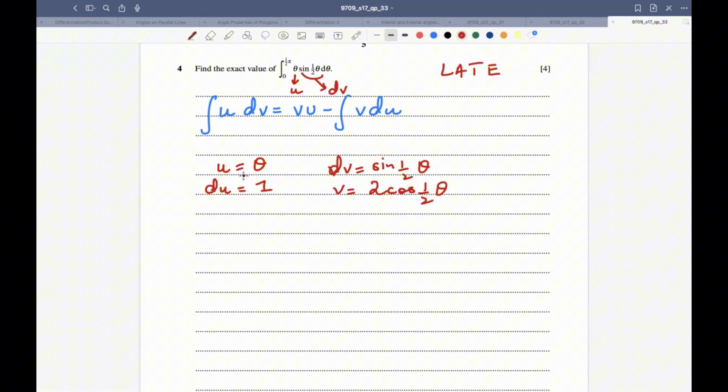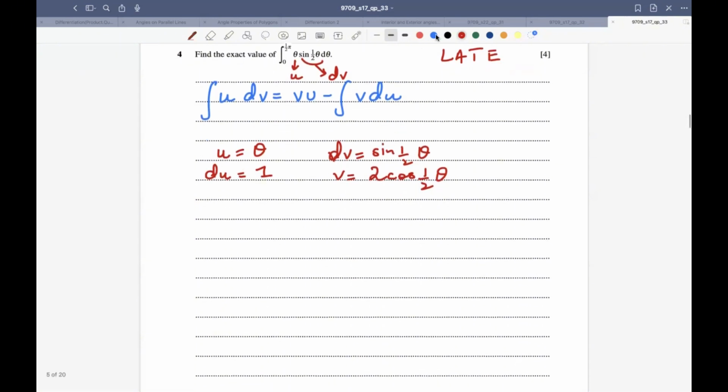Now, once we have u, du, v, and dv, we can just substitute these into the equation. So we have uv, which will become 2 cos half theta into theta. And the integral of sine is negative cos, so we have to put a negative sign over here as well. So this will become negative 2 theta cos of half theta, minus the integral of v du, so minus negative 2 cos of half theta into 1.